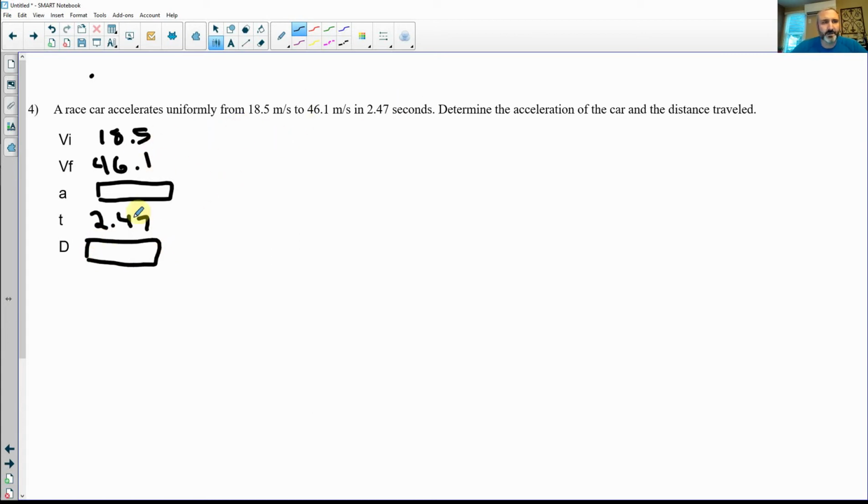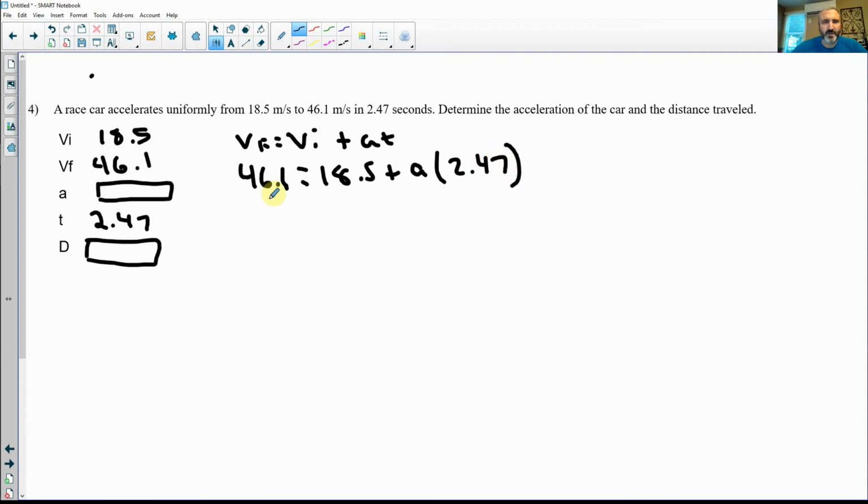My guess is going to be, let's find the acceleration first. And I think with VI, VF, A, and T, we should do VF equals VI plus AT. So 46.1 equals 18.5 plus A times 2.47.